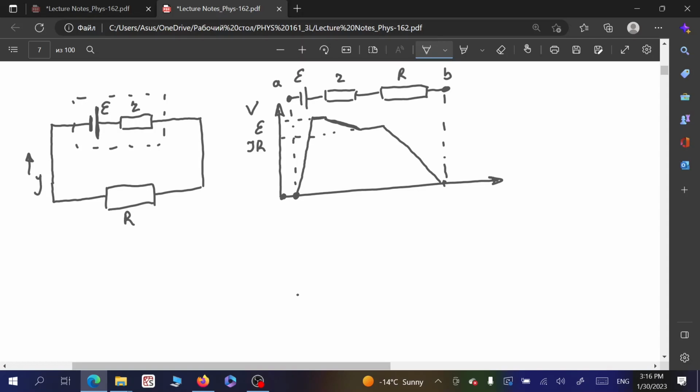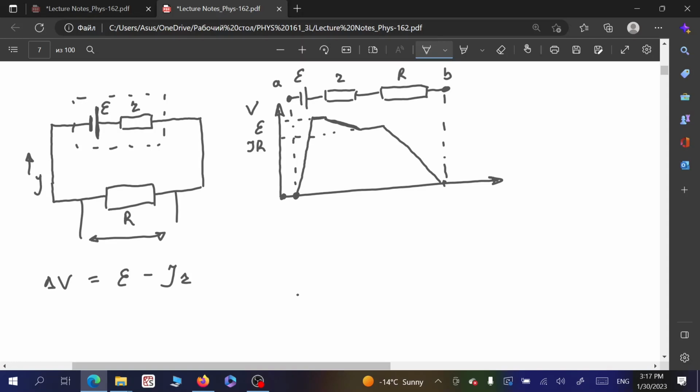So now, if we want to determine the potential difference, or voltage drop over this load resistor, delta V, let's call it, that will be the electromotive force of the battery minus the magnitude of electric current which flows through this DC electric circuit times this small r, the internal resistance of the battery.